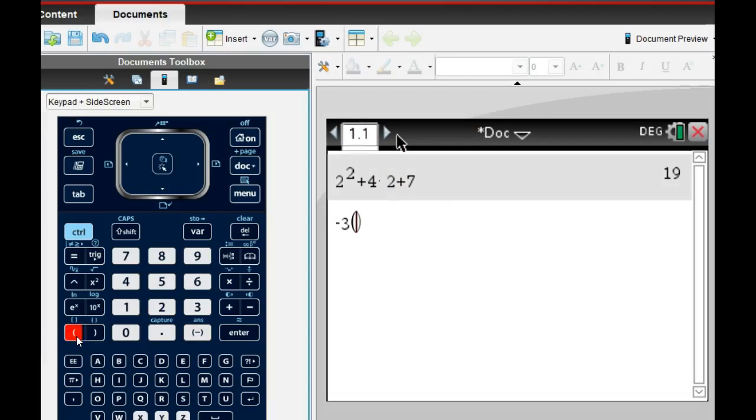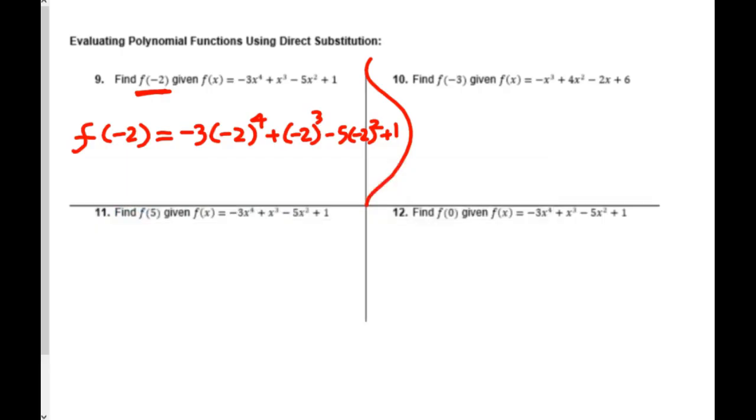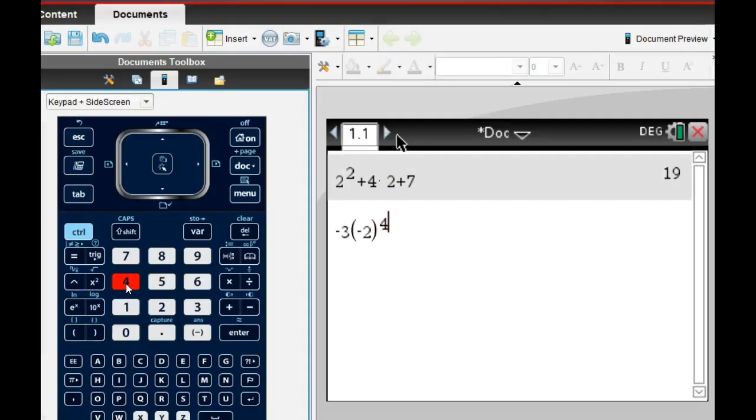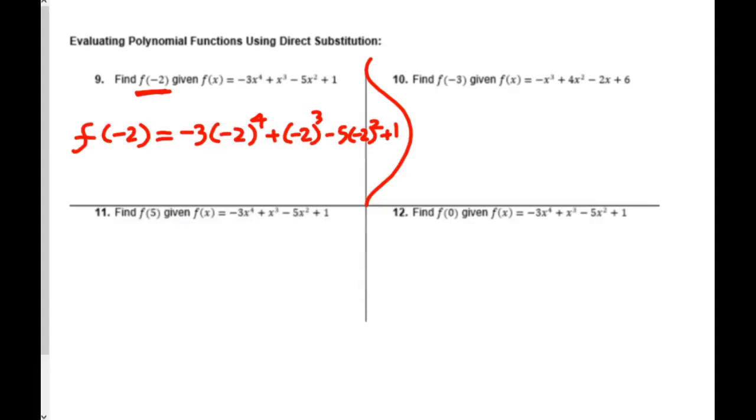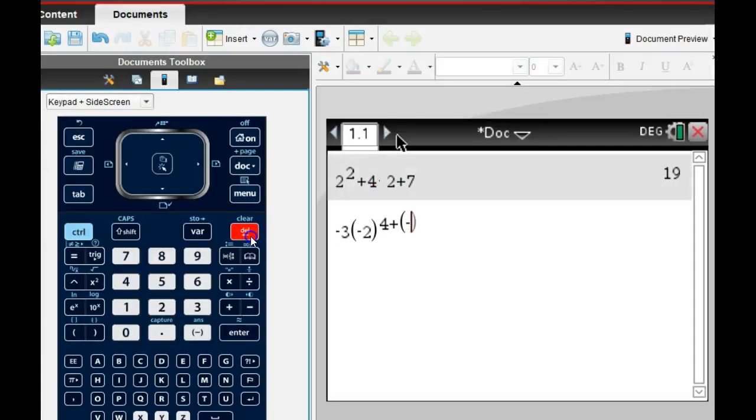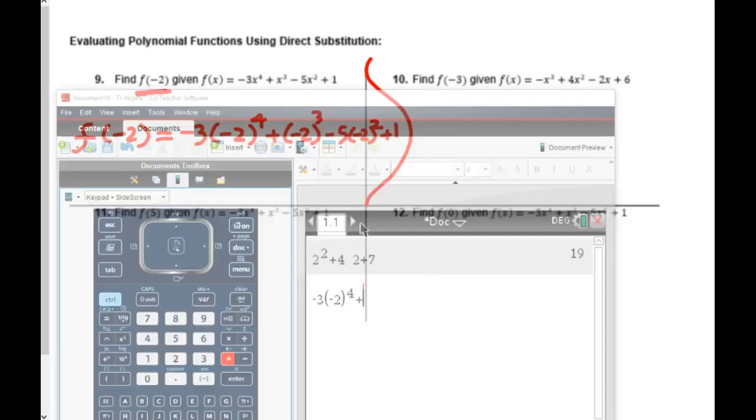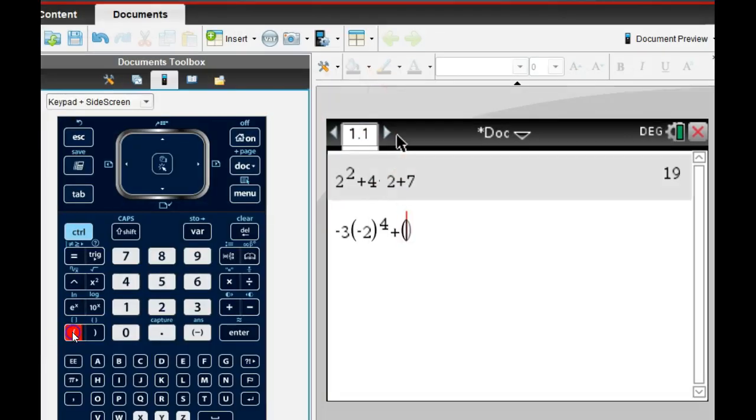-3, parentheses, -2 to the 4th power, caret 4. Plus, parentheses, -2 to the power of 3. Wait a minute. Dang it. Go down, then press plus. Go to the right.